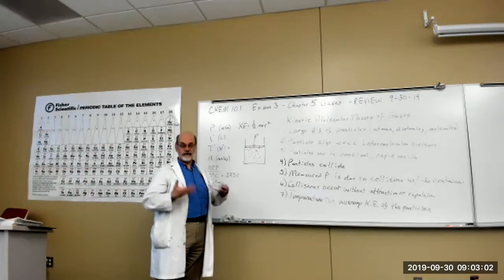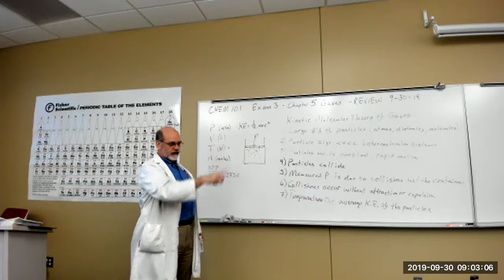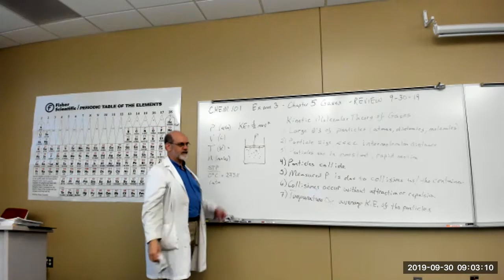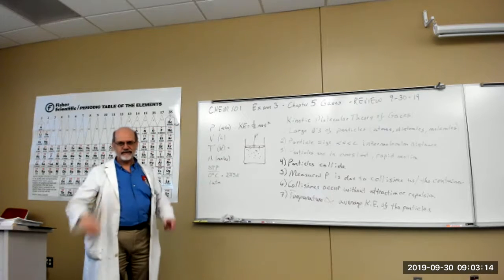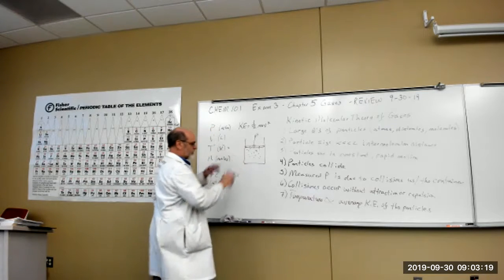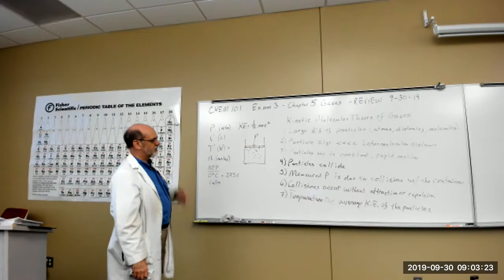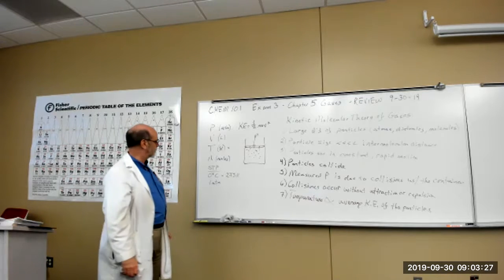Because you don't feel any force. But if you're outside the elevator, you can see, oh yeah, they're both moving together. So it's that type of simple experiment that Einstein was famous for. And then he would go sit for hours and work out the math. That's what I'm trying to do here, trying to explain this very simply based on these premises that are part of the kinetic molecular theory of gases.